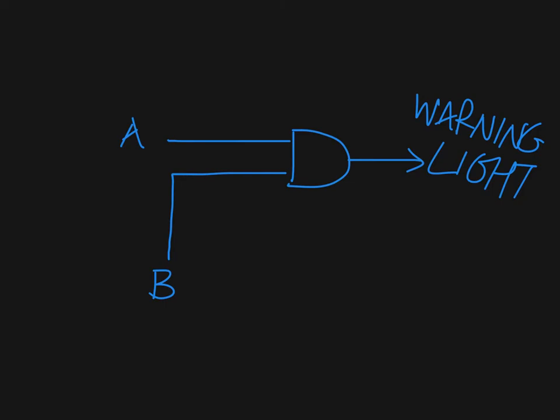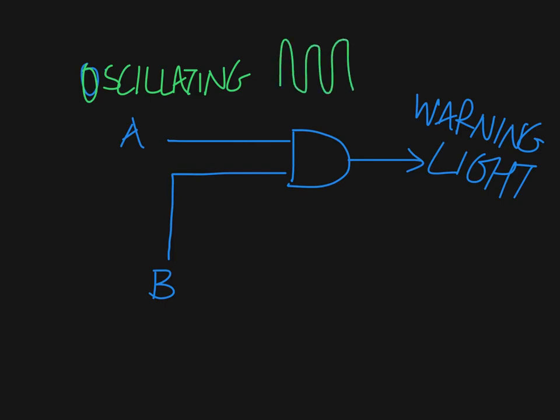So this value here could be oscillating. Okay, let's use a different color. It could be, let's say, a heartbeat, or something which goes up and down. So it could be having this behavior where it's bouncing between 1 and 0, if you can see that, and it's passing that into here.